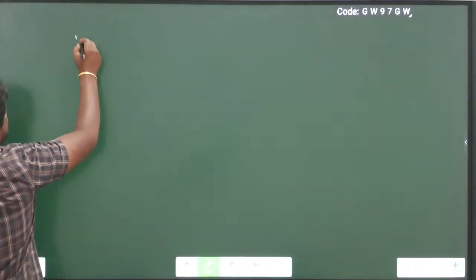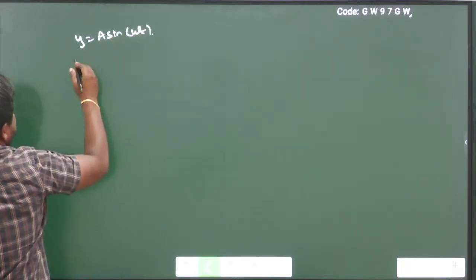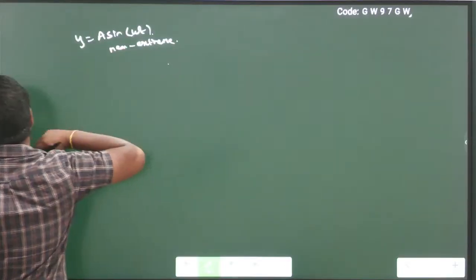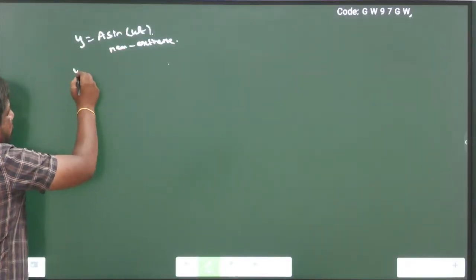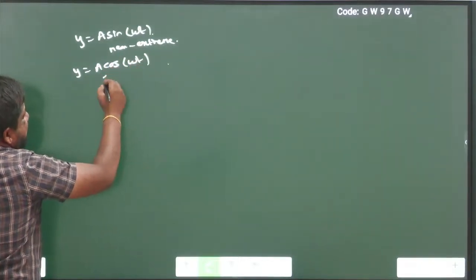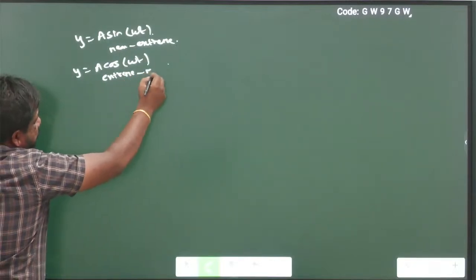Everybody look very carefully. Displacement y is equal to a sin omega t, when it is moved from mean to extreme. Now y is equal to a cos omega t. It is from where to where? Extreme to mean. Velocity is equal to omega into root of a square minus y square.